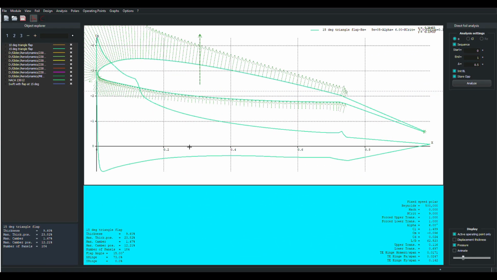Okay, one more segment here. What I've done is I've taken the 23012 airfoil with the, quote unquote, flat plate flap on it, and increased the leading edge thickness of that flap so that it matches the airfoil thickness slightly forward of its trailing edge.